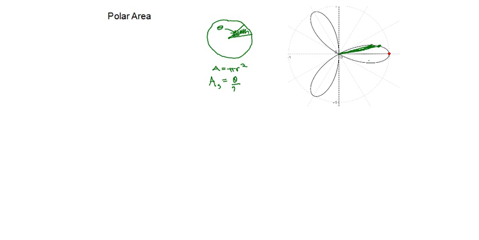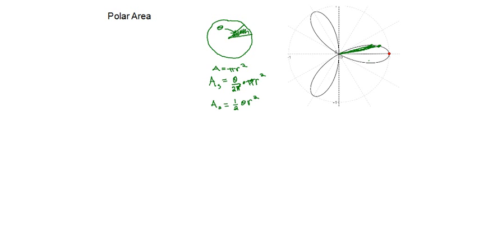The total circle is 2 pi. Kind of gives you a percentage. What percentage of the circle are you looking at? Times the area of a circle, pi r squared. That would give you the area of a sector. Now the pi's cancel out, so the area of our sector is simply 1/2 theta r squared.